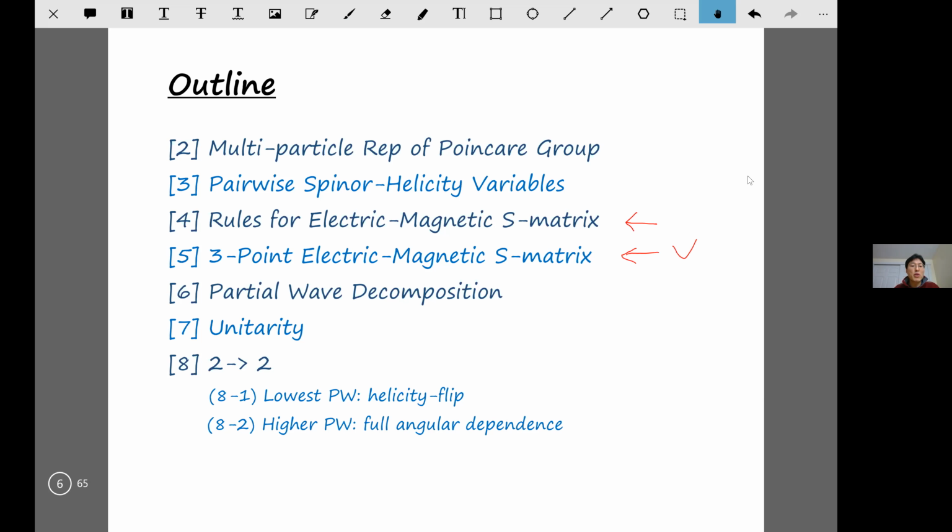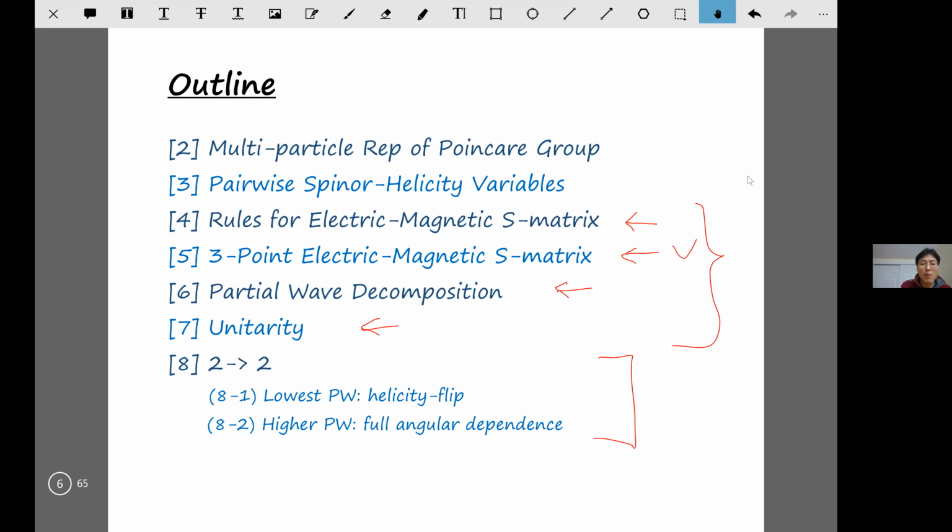Then I will use this 3-point electric-magnetic S matrix as a technique to perform a fully relativistic version of the partial wave decomposition, and I will mention very quickly the unitarity that I need to use. Using all these techniques, I will apply them to 2-to-2 scattering, like fermion-monopole scattering.